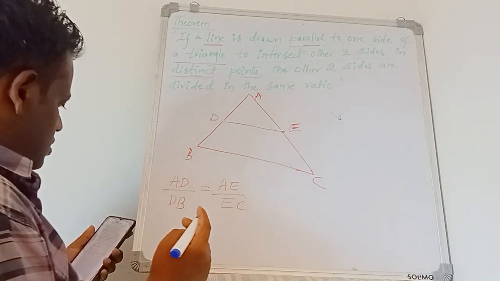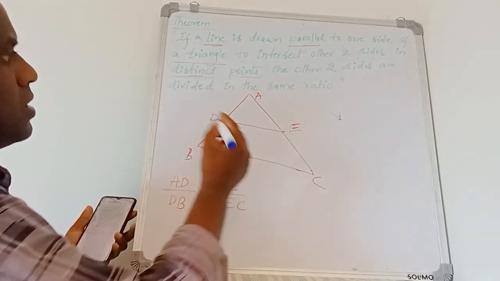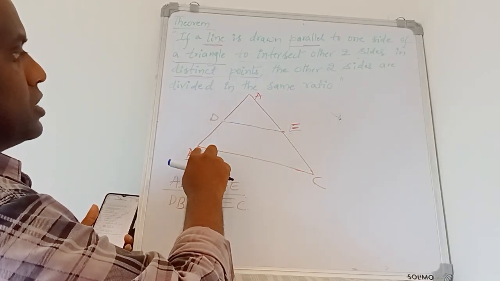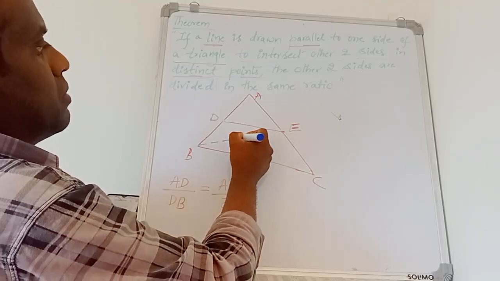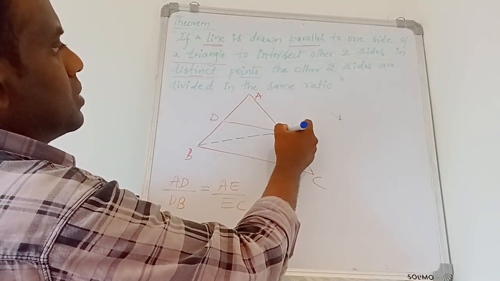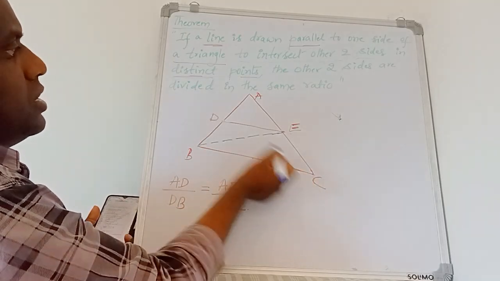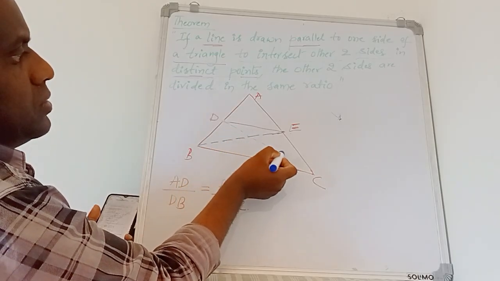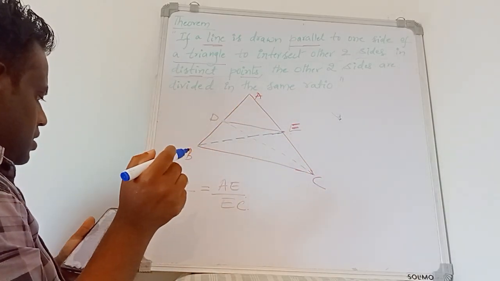Now see, join these points B and E through this line. I'm taking a dotted line. Next, join C and D. Okay, that is done.